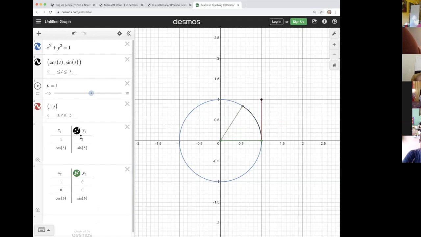So as B moves, that central angle changes. And I think in your group, you used the table feature to create dots for the points 1, B, which is this location right here, and cosine of B, sine B, which is the point on the unit circle. So when B moves, it controls both of these tables.